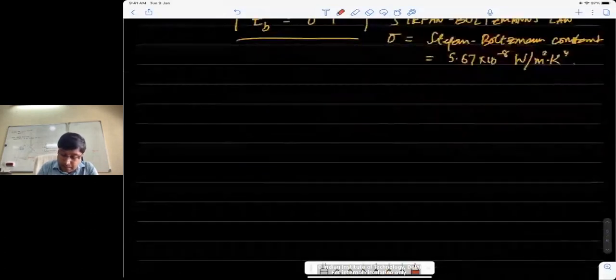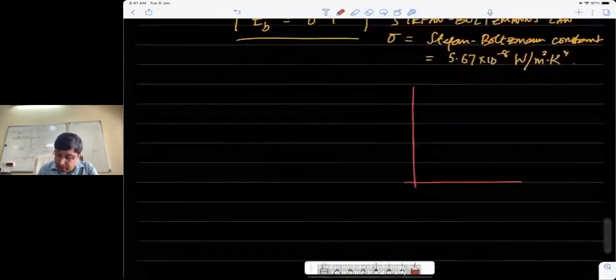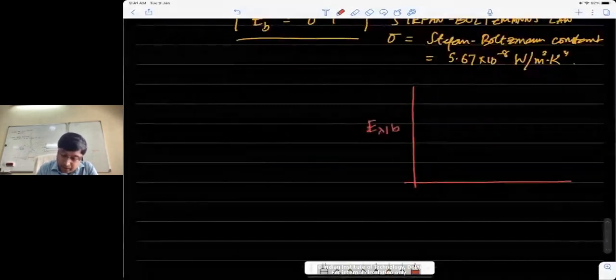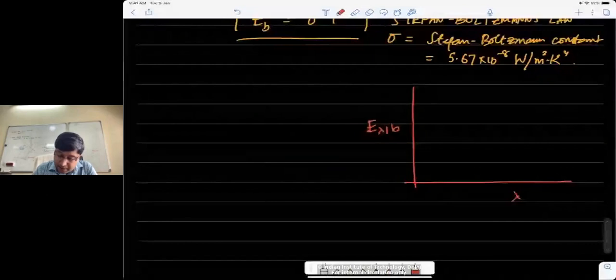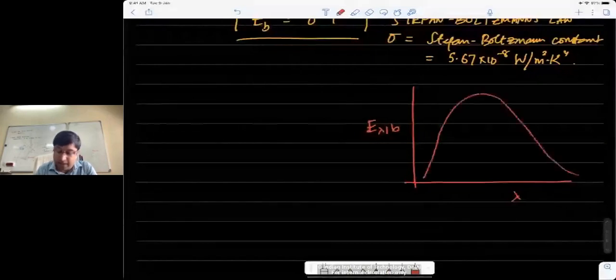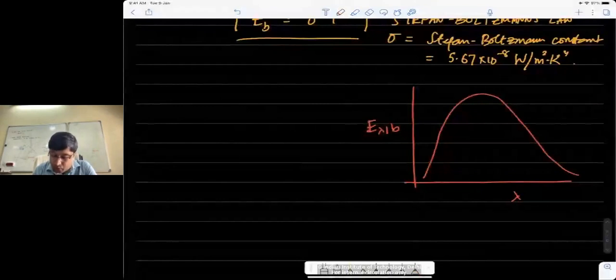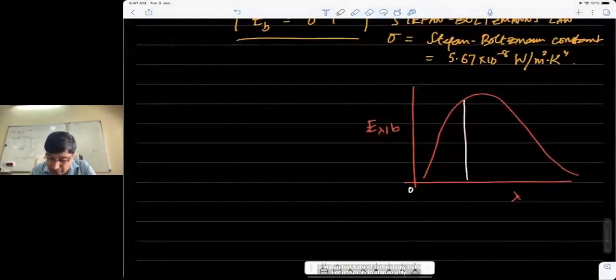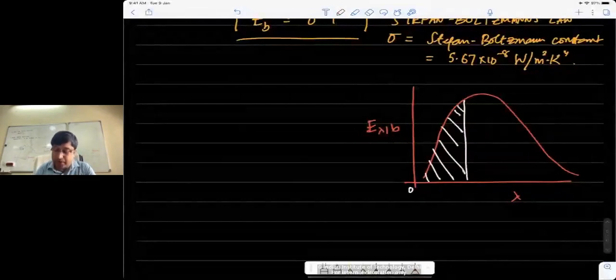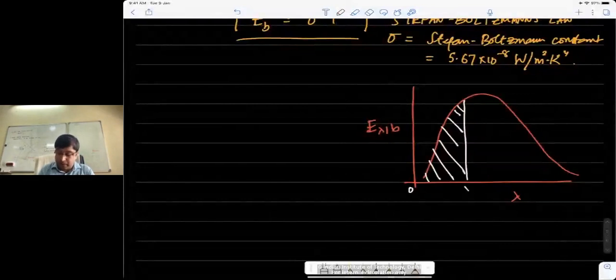Let's say I had some emission from a black body, E lambda b versus lambda, a curve of maybe this type. The objective is to quantify how much of the total emission is between some wavelength range, let's say 0 to lambda.